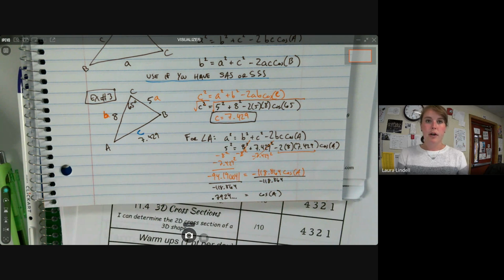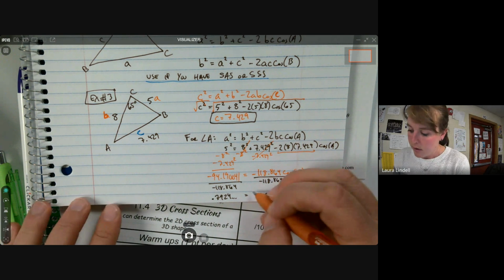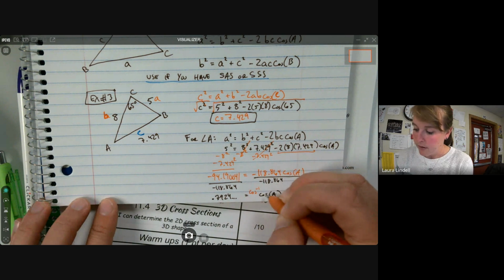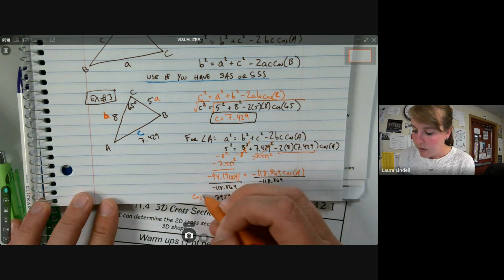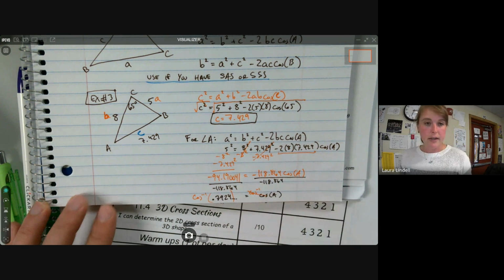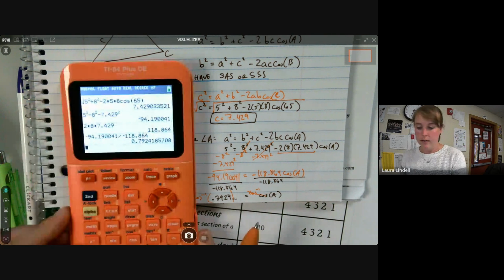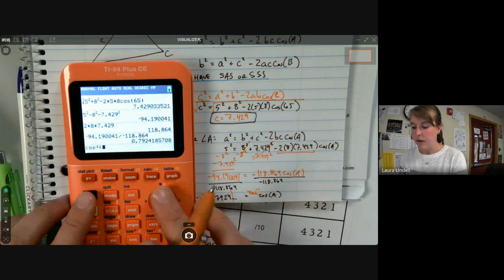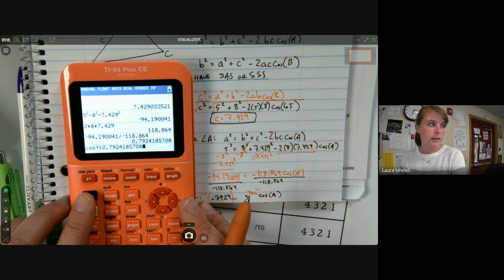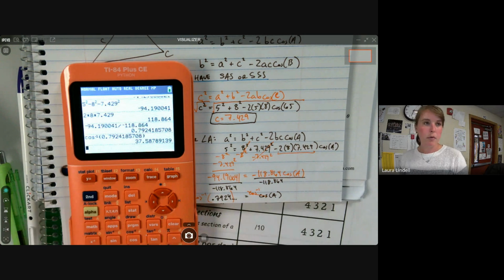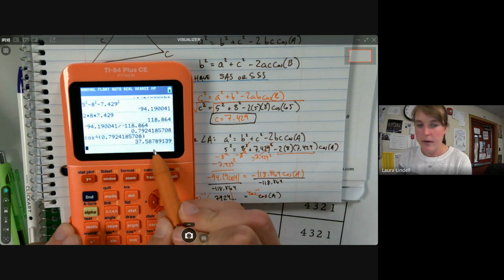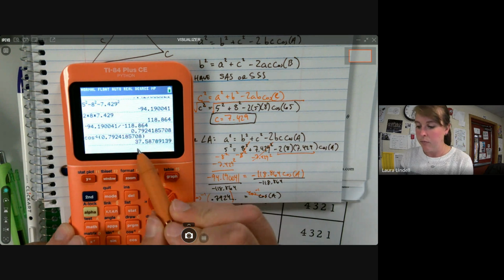So now we need to undo cosine, basically, right? So I need to do cosine inverse on both sides. Cosine inverse undoes the cosine. This is going to give us our angle that we're missing. So in the calculator, cosine inverse, and then I'm just going to grab that answer from before, hit enter, so that puts the whole thing in there for me. And for my answer rounded to 3 decimal places, we're going to go with 37.588.